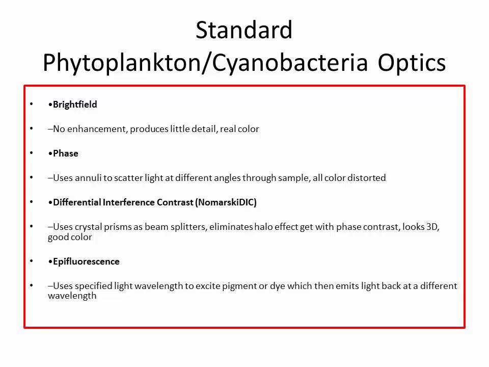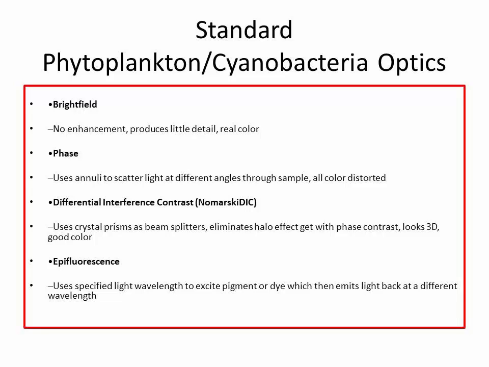They don't have a lot of shape. You need the contrast that phase gives you. So bright field really doesn't have good enhancement, produces little detail. Phase is about as basic as you can use. And essentially what you're doing is adjusting an annulus on the scope to scatter the light a bit through different angles, so you get a better sense of the shape and the detail in the cell.